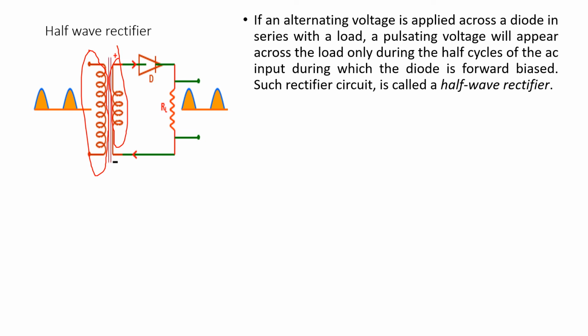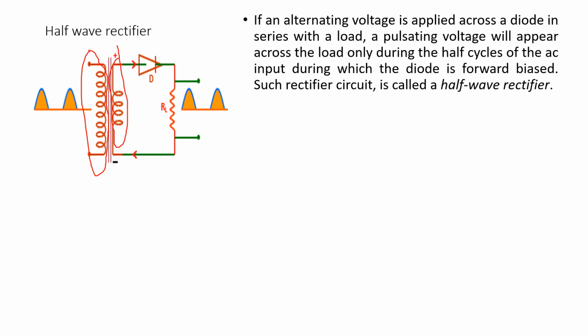A diode is connected such that the P side is connected to one end of the secondary, and the N side is connected to the load RL. Our load can be anything, maybe a battery charger or a mobile device. So this is just like a battery charger, where we connect the AC supply voltage and tap the secondary.